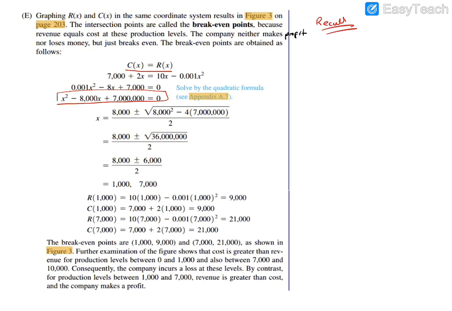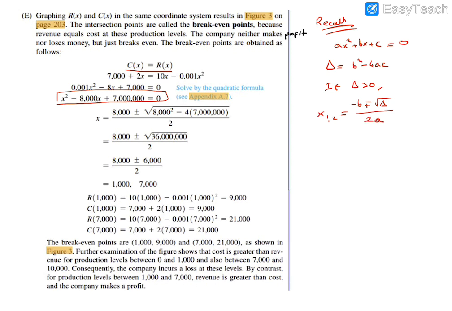So from here you obtain this quadratic equation, and we will use the discriminant formula. I will write the discriminant formula here. For the quadratic equation ax squared plus bx plus c equals 0, we have the following formula to find the solution. We define delta, which is b squared minus 4ac. If delta is positive, we have two solutions, x1 and x2 equals minus b plus or minus square root of delta over 2a.